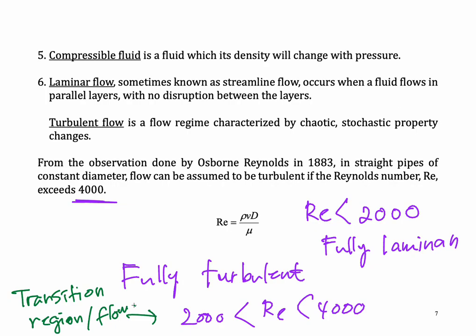We need to understand that if the flow is laminar, before it could become fully turbulent, it needs to change step by step. So in a transition region, you may have 10% turbulent, then 20%, 30%, until 90%. And after Reynolds number 4000, we assume that the flow is 100% turbulent.